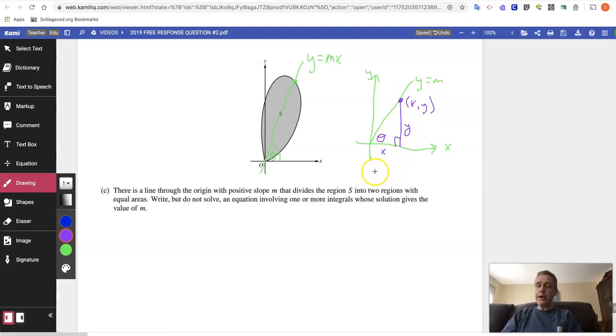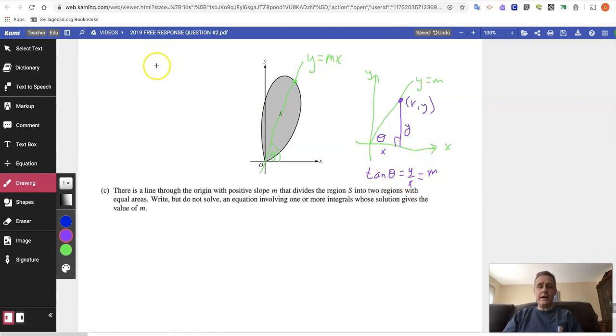And working off of our knowledge of special right triangles, we know that the tangent of our angle theta should equal the opposite side from the angle theta, which is y, over the adjacent side of x. And while this is definitely true for this right triangle, if we look even more closely at our equation for this line, if we were to solve for m, note that m would equal y over x.